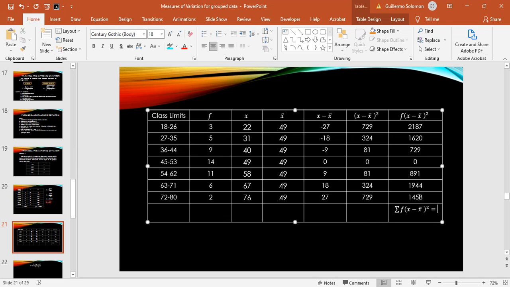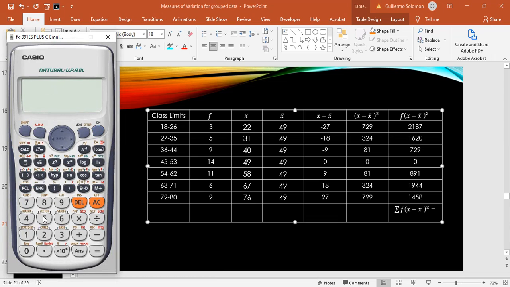Okay, so ganito mangyayari, pag-a-add lang natin yan. So 2,187 plus 1,620 plus 729 plus 0, hindi na natin lalagay 0, 891 plus 1,944 plus 1,458.